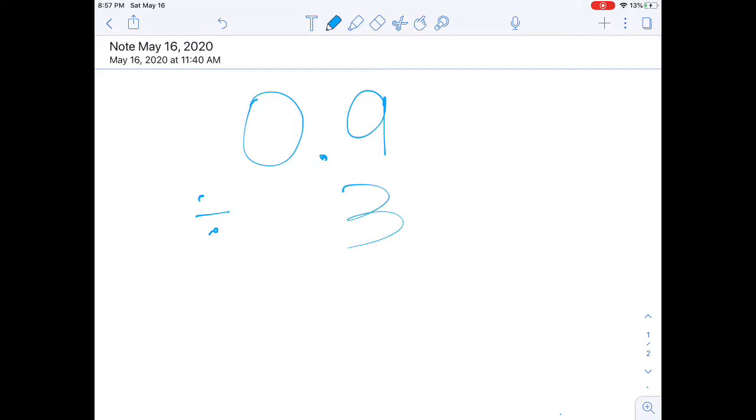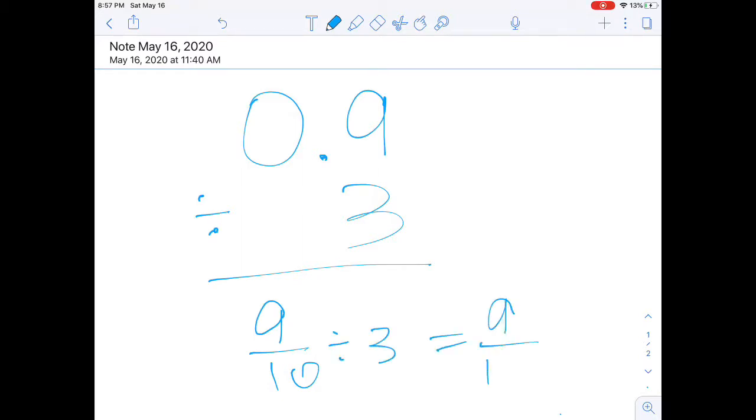Well, if you like fractions better, you can do 9/10, because 0.9 is the same thing as 9/10. So 9/10 divided by 3, which is 9/10 times 1/3.